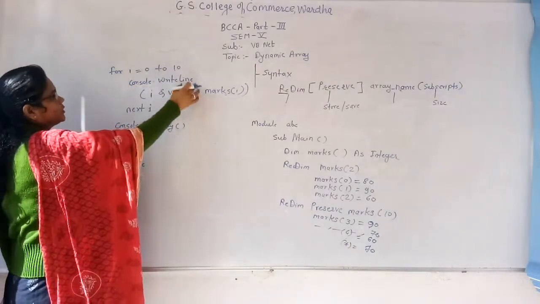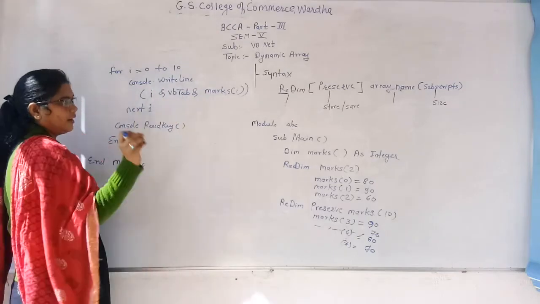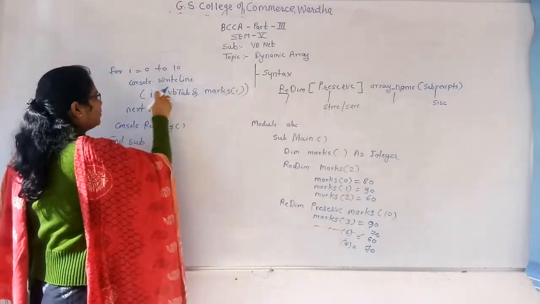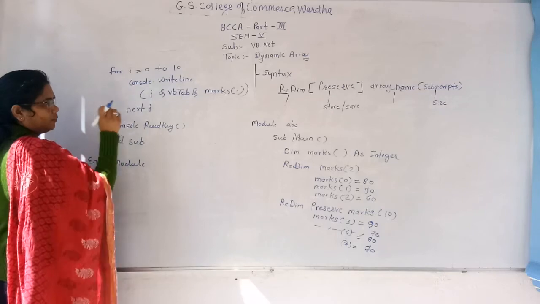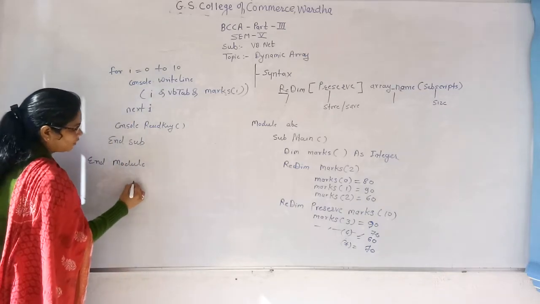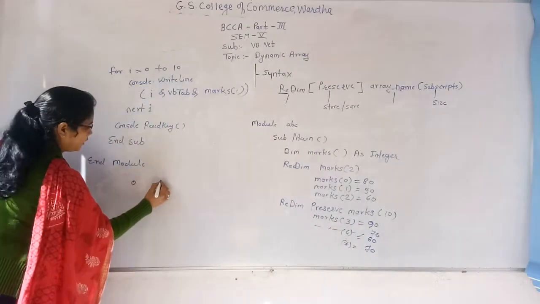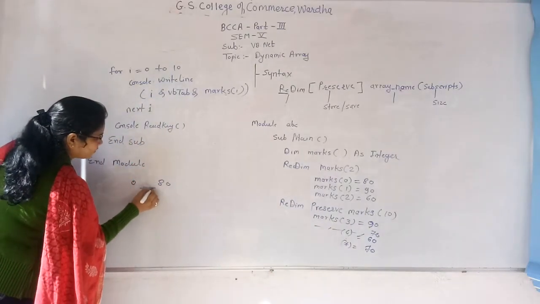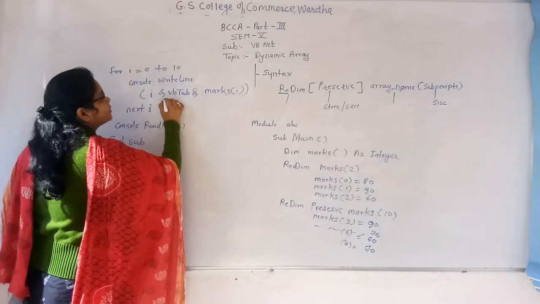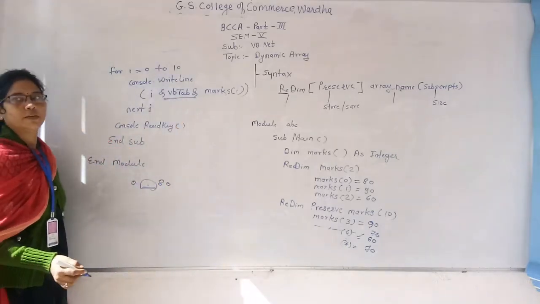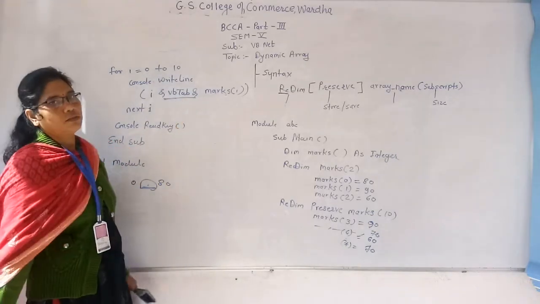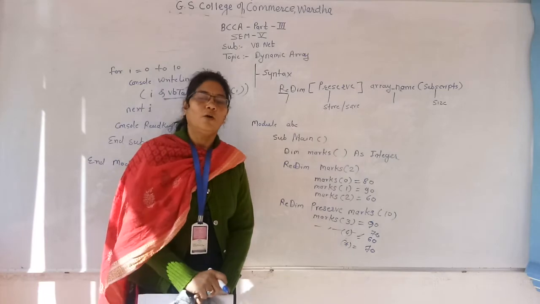After that we print each element from the array using its index number. So it will display 0, and the element at 0 is 80, and this space is given by this tab. This is all about the dynamic array. Hope you understand.